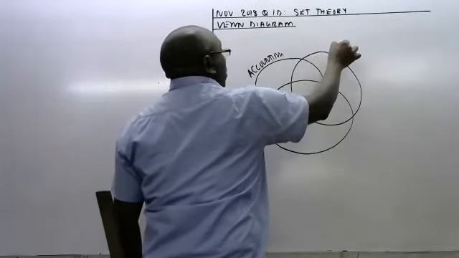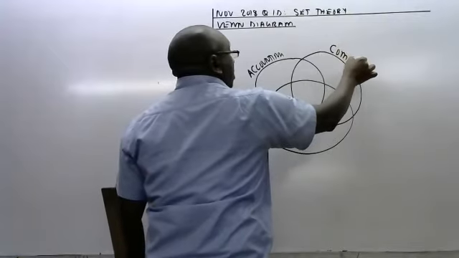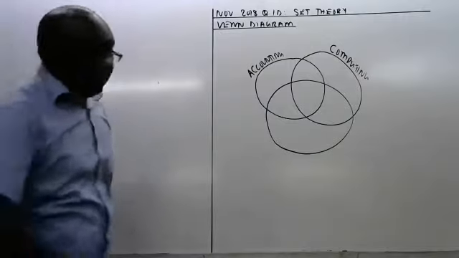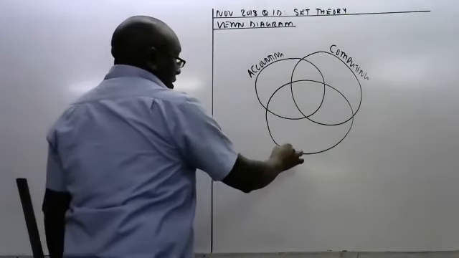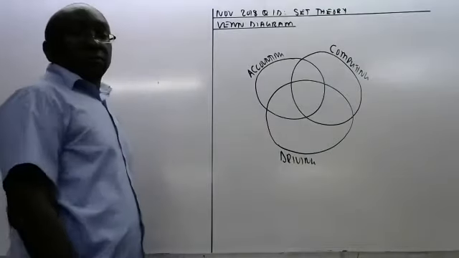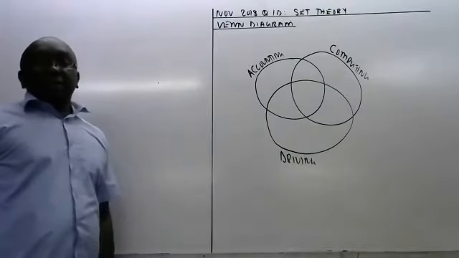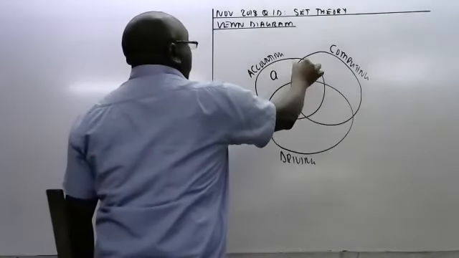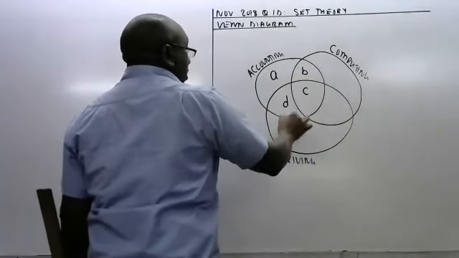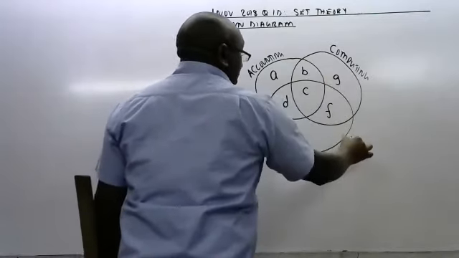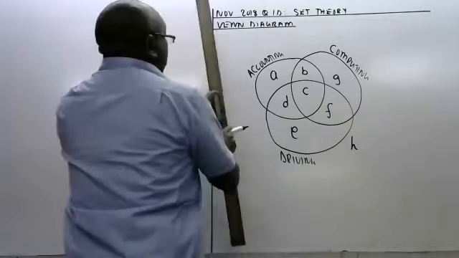This one is computing. And this other one is driving. So here we have A, B, C, D, E, F, G, H.